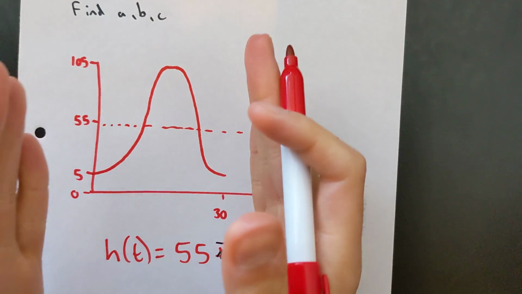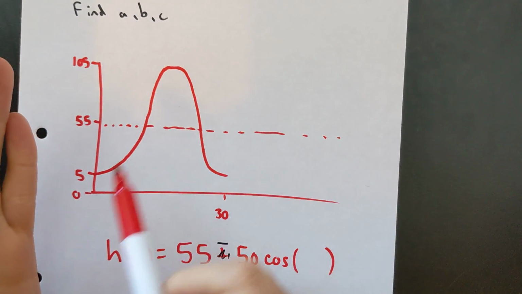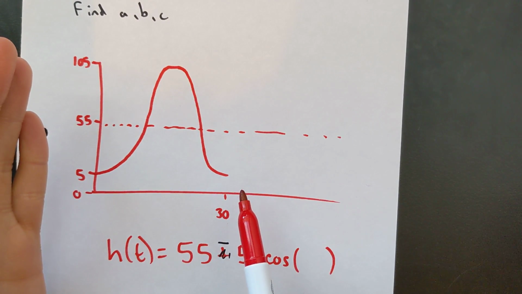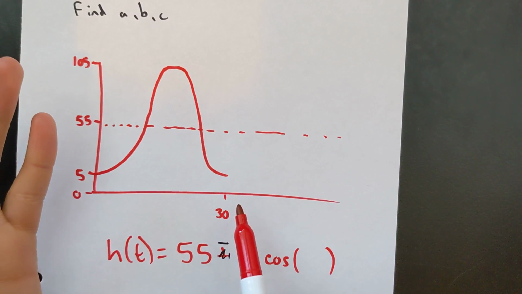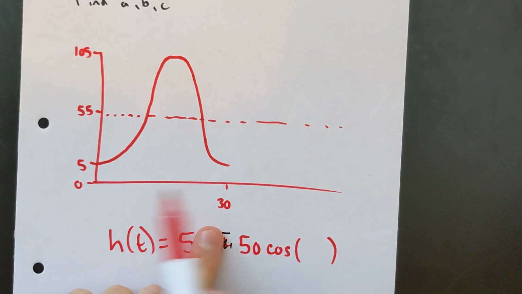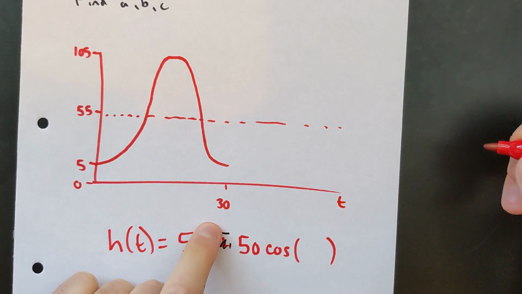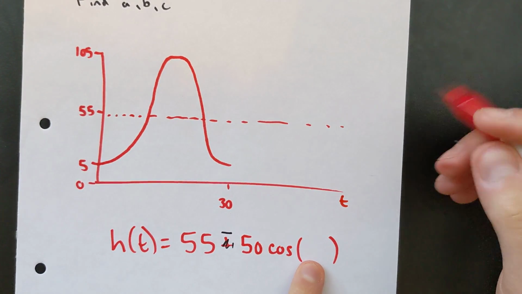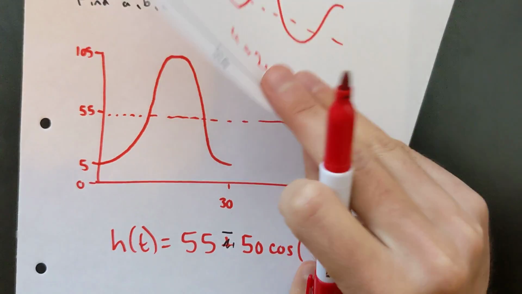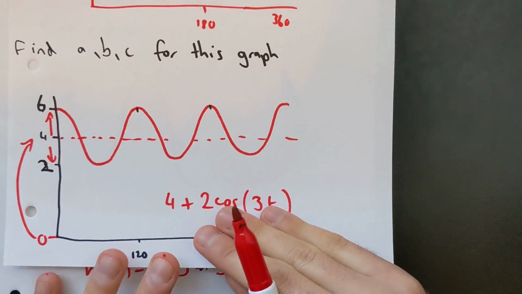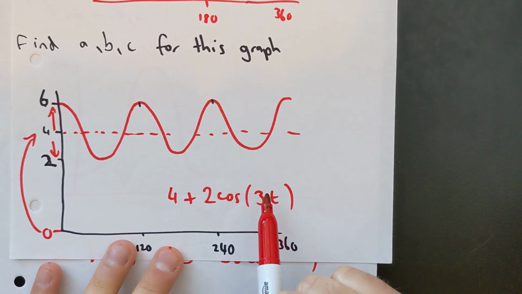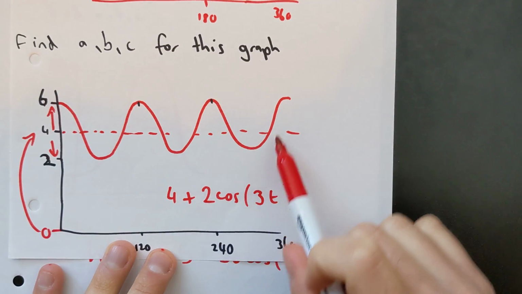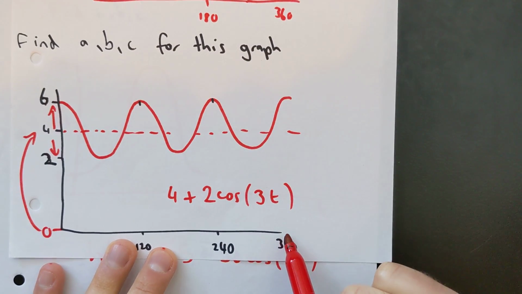Now, usually on a normal cos graph, that would be 360 degrees. But this time it's taken 30. My time is 30, so this is time. How does that impact here? Well, remember from the previous question, it was important for us to know how many times that full revolution could happen in 360 degrees.